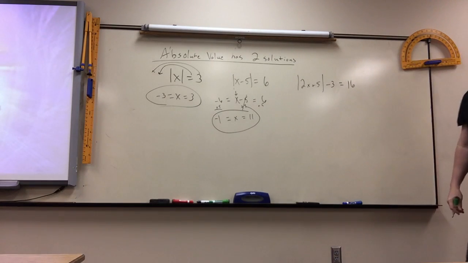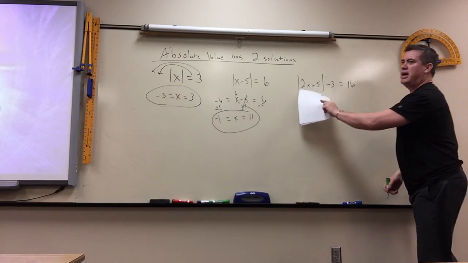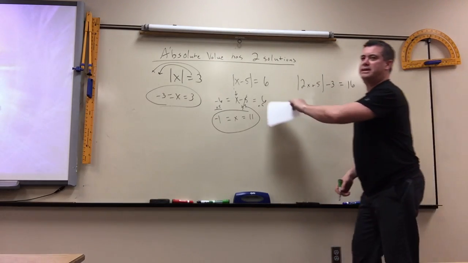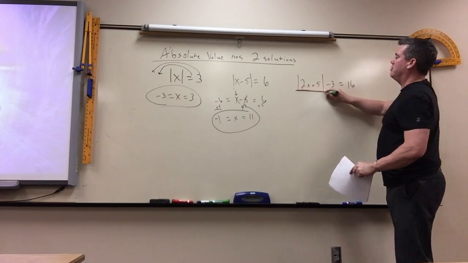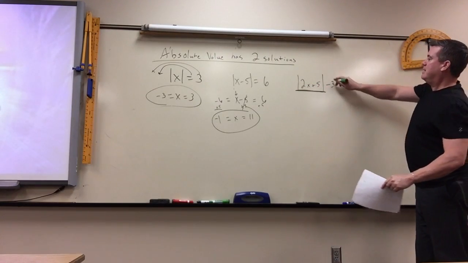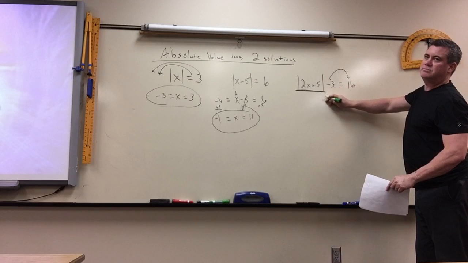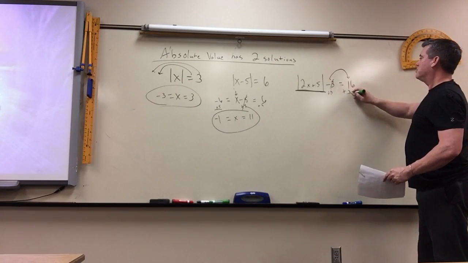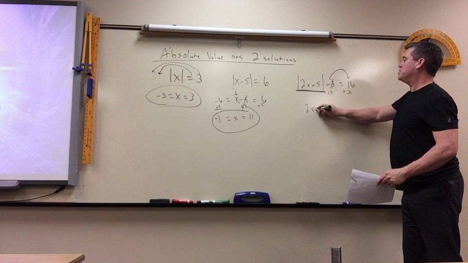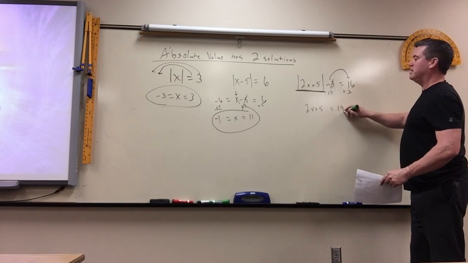Okay? If it has the absolute value, before you can rewrite it like this, you've got to get this absolute value by itself. So you've got to get this -3 out of there. So all you do is add 3 to get rid of it. And you get 2x plus 5 equals 19.